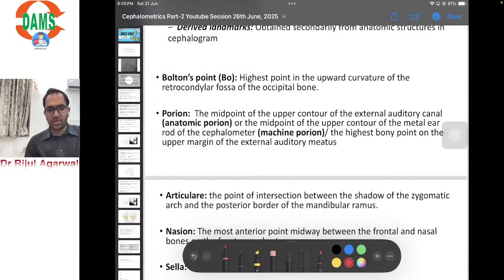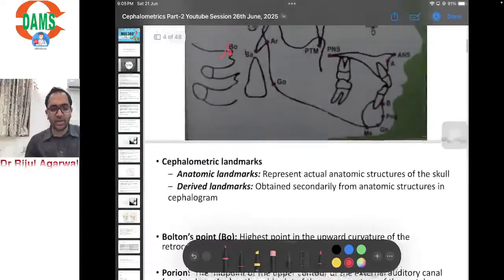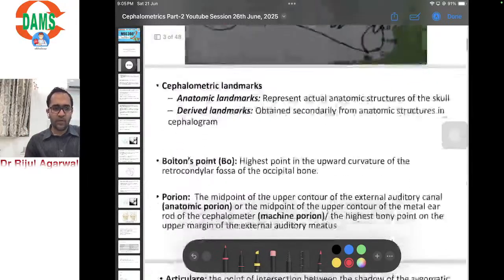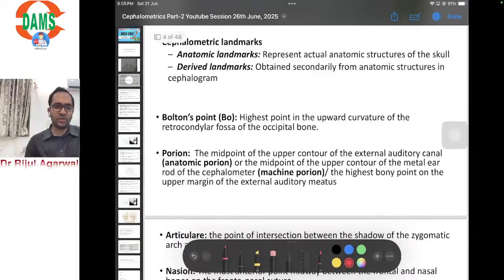Machine porion is the representative of the machine ring from the metal ring present in the ear rod of the cephalostat. What we require is the anatomic porion, which is a few millimeters away from the machine porion. Generally it is located below it, but sometimes due to head tilt or improper positioning it can be located at the same level or sometimes above it as well.